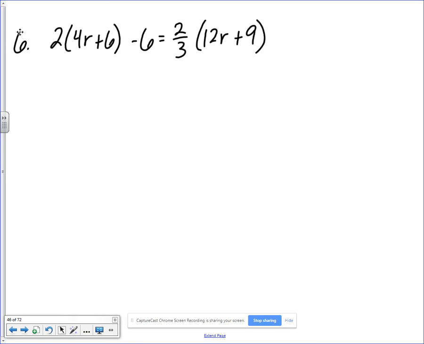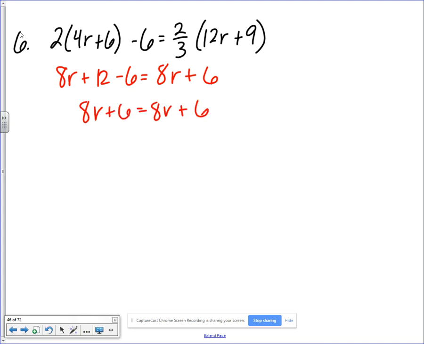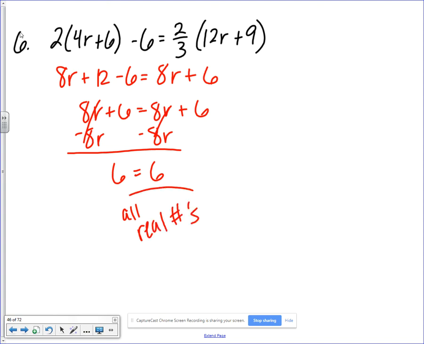All right, let's see how you do with this one. There are infinite solutions to that equation.